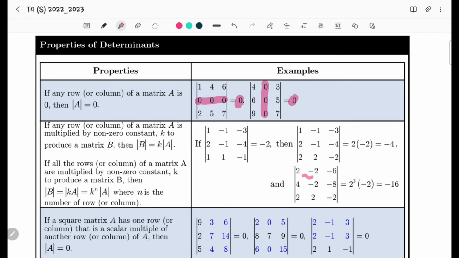So as you can see here, times each entry by 2.